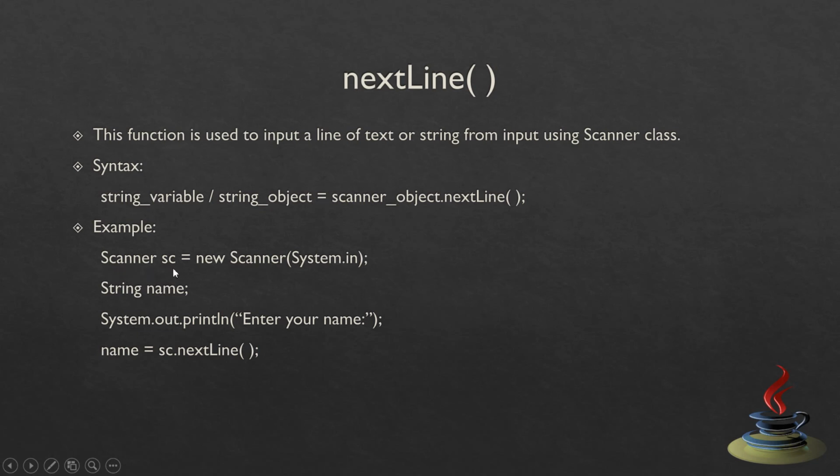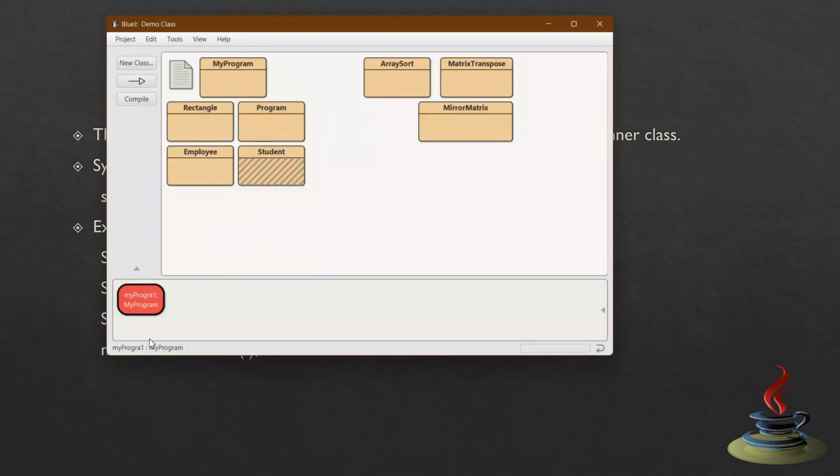So Scanner is the class name, sc is the object name, equals new Scanner with the argument System.in. After that I create my string object, name, then System.out.println "Enter your name", then name equals the scanner object dot nextLine method. So whatever I input, the sentence including spaces, all the string values will be stored in the name variable. Okay, let's check it out.